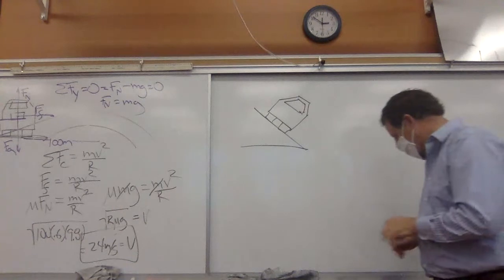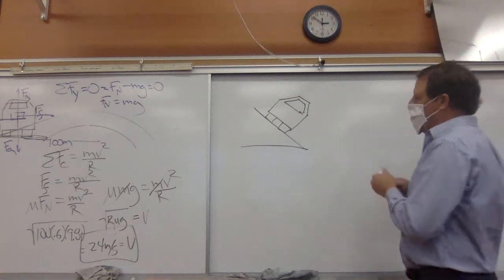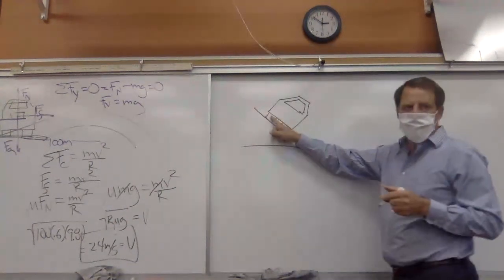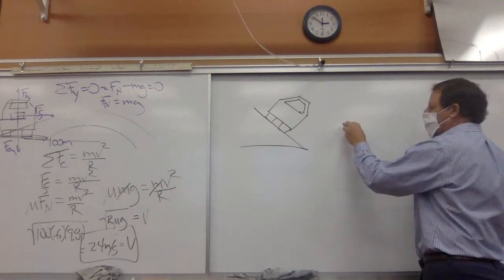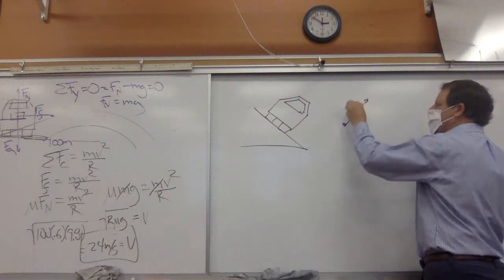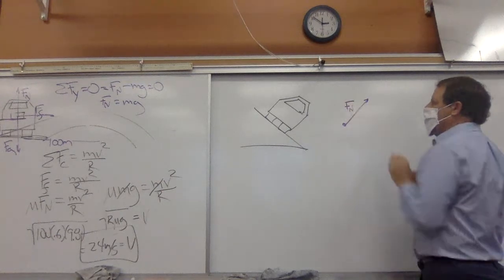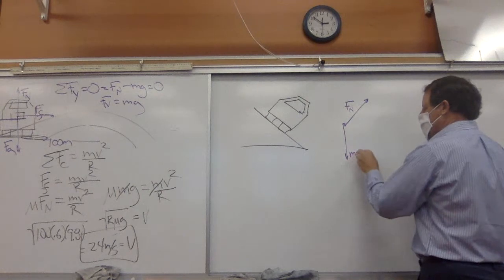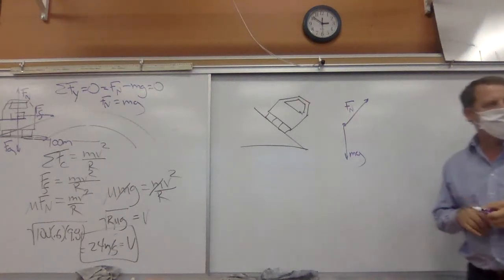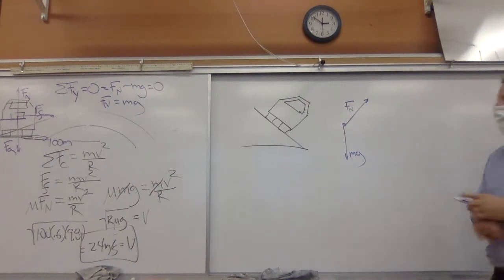What are all the forces? We want everything that touches it. Obviously this looks extreme here, but we're going to have the normal force and we're going to have mg. It looks pretty simple so far.